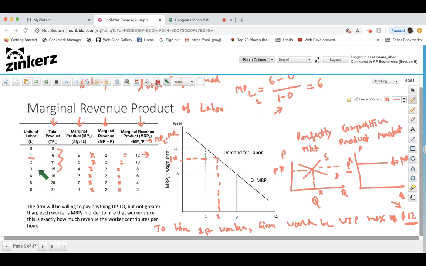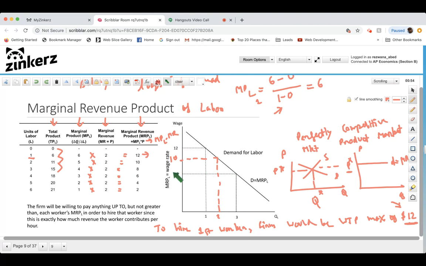And same thing for the third worker. His marginal product is even less than the second worker's, and his marginal revenue product, for the same reason, is also less than the previous two workers. So the most that the farm would be willing to pay to hire that third worker is $8.